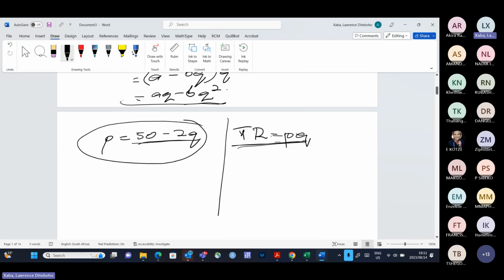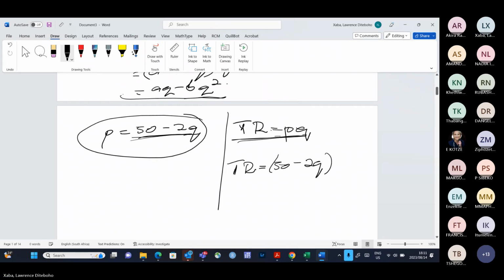So we do the same thing. We say TR is equal to, now instead of rewriting P, we'll be writing (50 minus 2Q), close brackets, times Q.